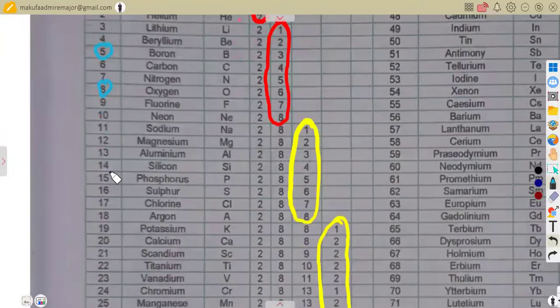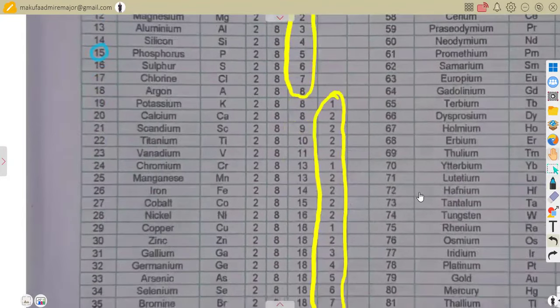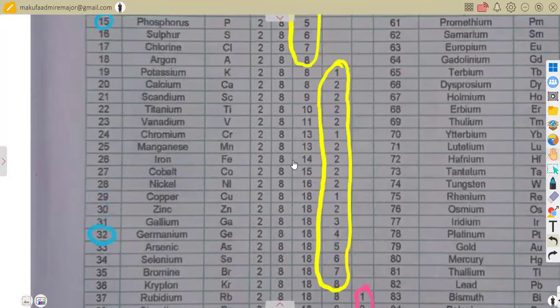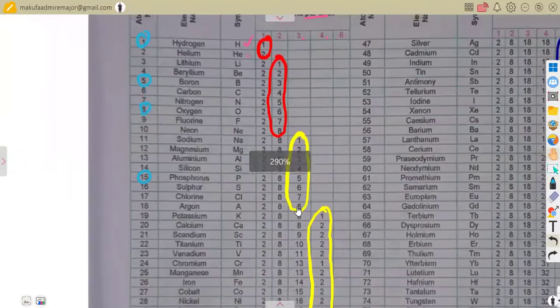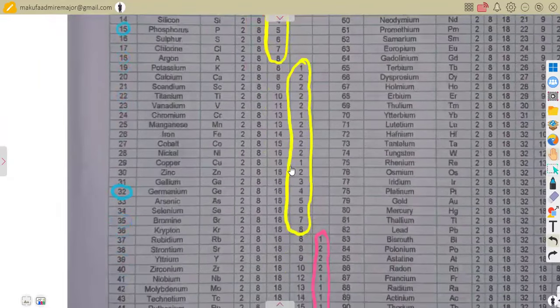The phosphorus. The germanium here. All right, where's the silicon? Did I mark the silicon? All right, I marked the germanium.